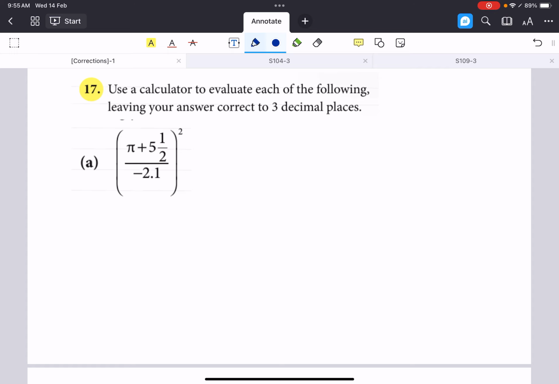That will give us 16.93358812 and so on. And we want it in 3 decimal places, so 3 decimal places will give us 16.934. And let's indicate this is 3 decimal places. We can use 3dp as abbreviation.